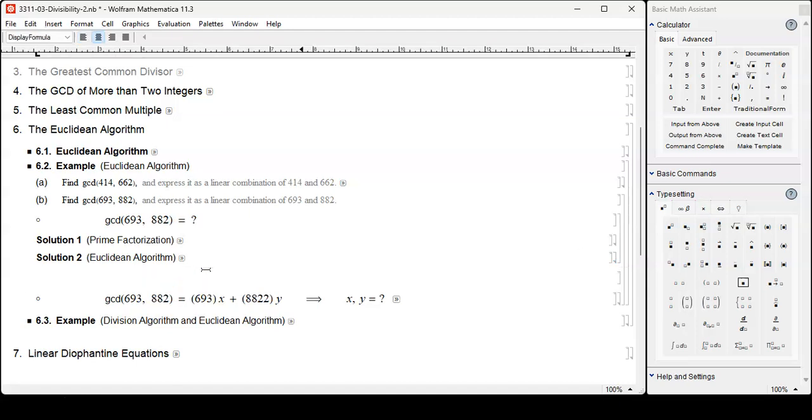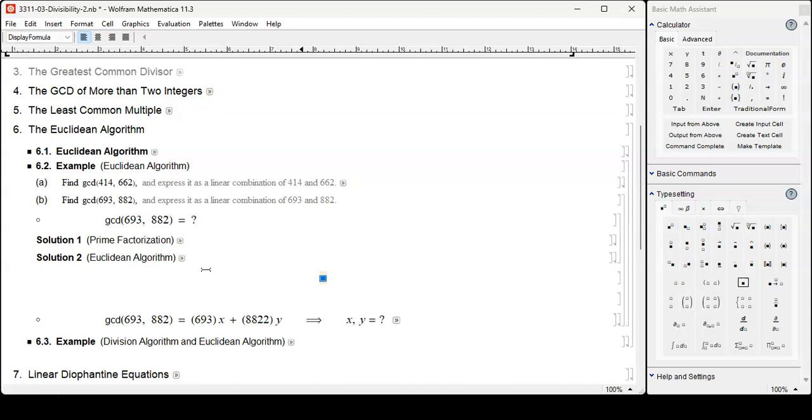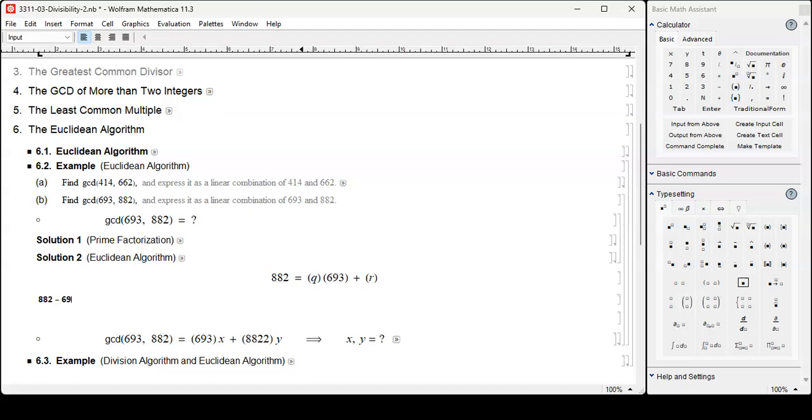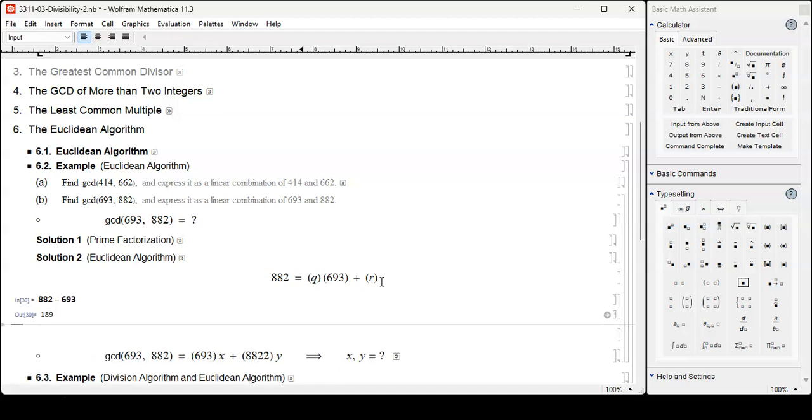How can you do that? So 882 divided by something, 693 plus the remainder, that's the structure, isn't it? And then Q is certainly 1. And then 189 is the remainder.